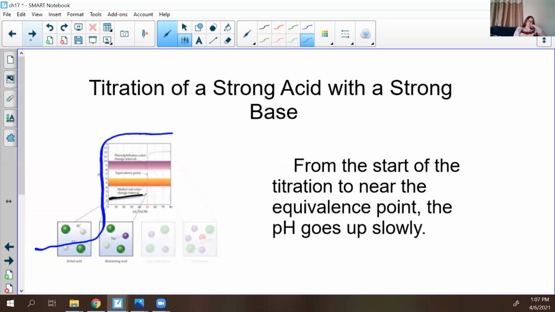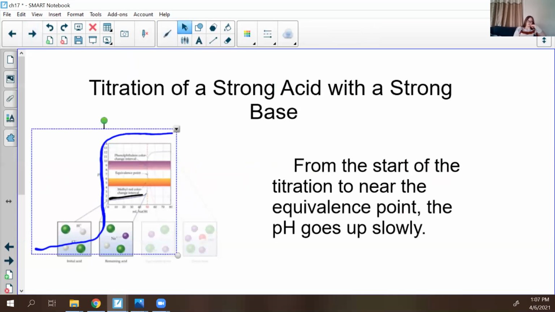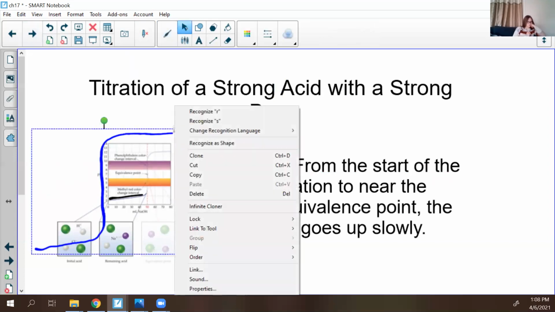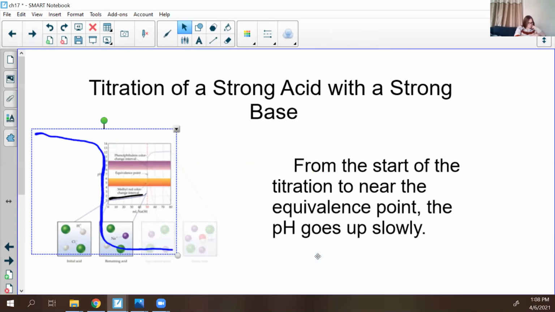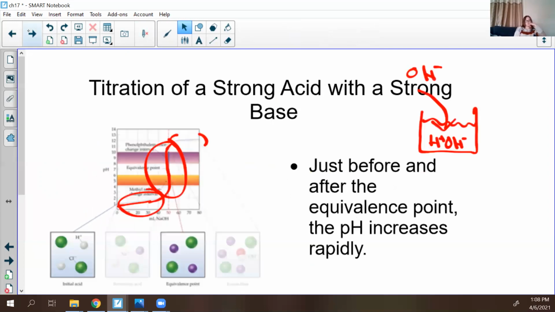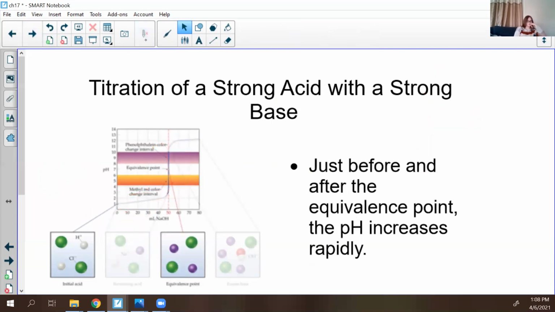Now, the exact same thing works if we do it the other direction. The base would slowly change, then it becomes very acidic, and then it'd go flat. If it's the other way, the bottom is going to be volume of strong acid. Yep, it would be acid.